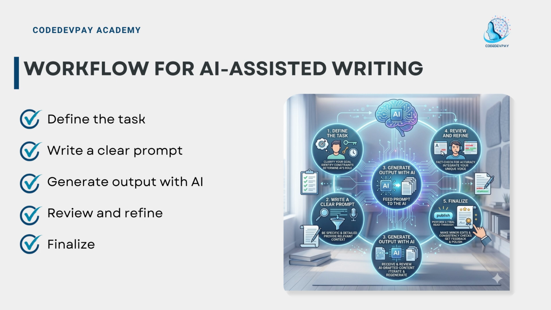When you are done, you generate your output with the AI that you want, whether it be Claude, Gemini, ChatGPT, and the likes. You review and refine. You edit the content for clarity, accuracy, and style. And after that, you finalize. That is, you add personal touches and you verify the facts when needed. So this approach will ensure that the output is of high quality and very usable.